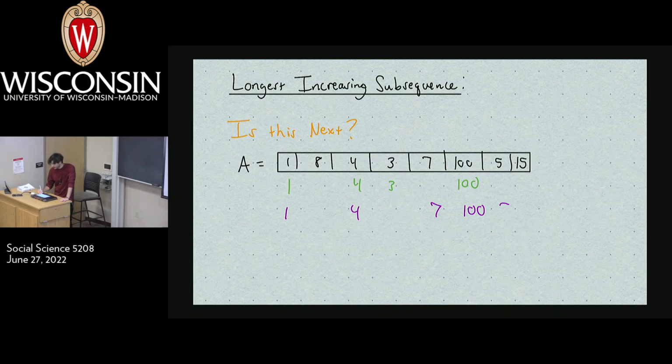If we included 5, it's no longer increasing, so we can't include 5. Yep, 3 would also break it. If you put 3 here, it's not increasing, so we can't include 3 there. And our goal is just to compute the longest such subsequence. Hence the name.